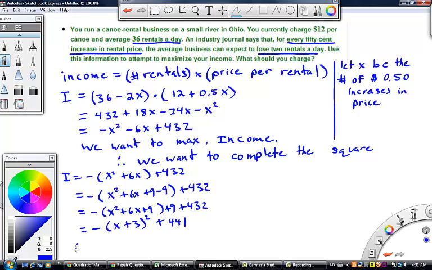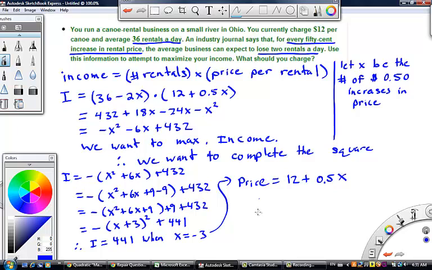So what does this tell us? Well, it tells us that the income is 441 when x equals negative 3. So how do we interpret this? Well, in terms of how much you should be charging, the price should be equal to 12 plus 0.5x. In order to get the maximum income of 441, we need x to be negative 3.